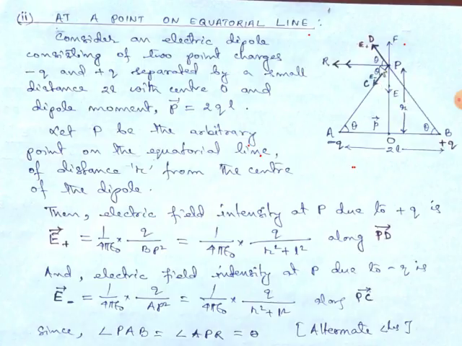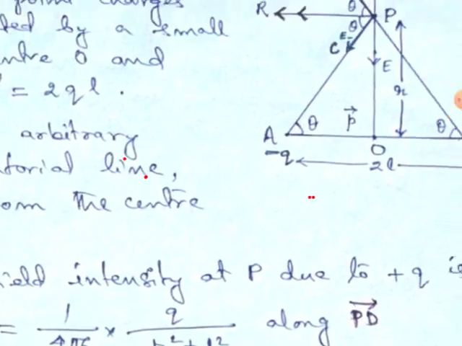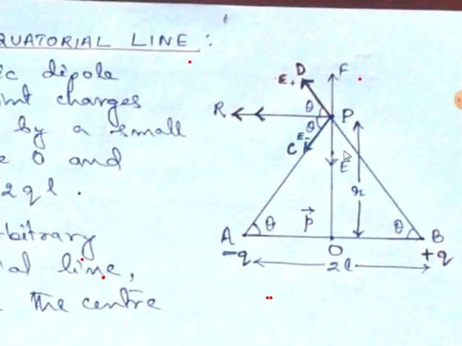These two are actually of the same magnitude, E minus acting along PC and E plus acting along PD, both 1 by 4 pi epsilon naught q divided by r square plus l square, so they are equal in magnitude.